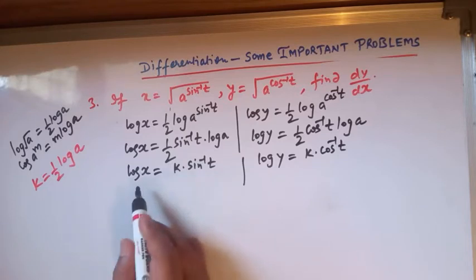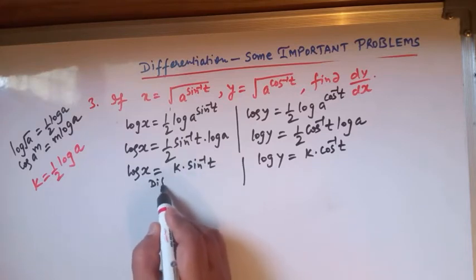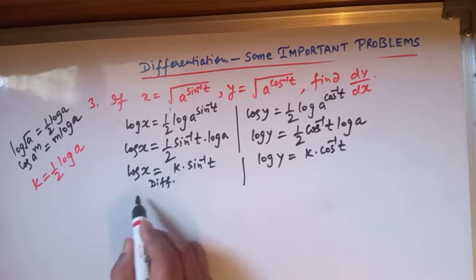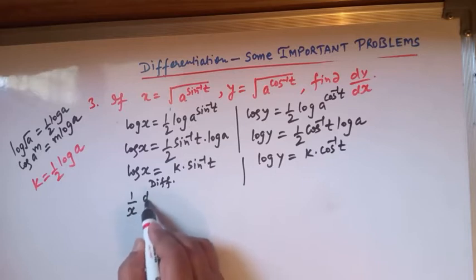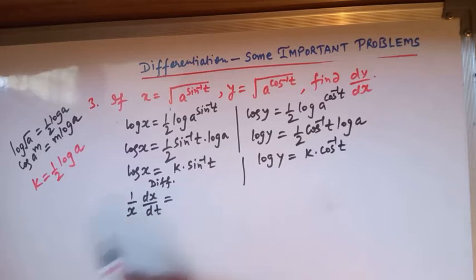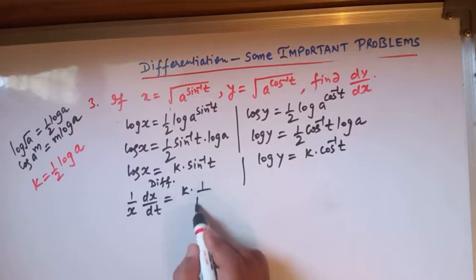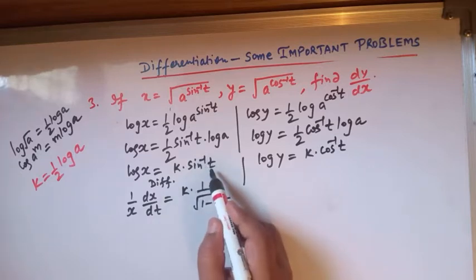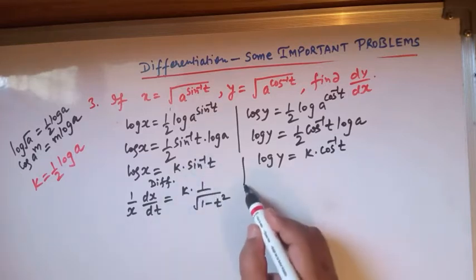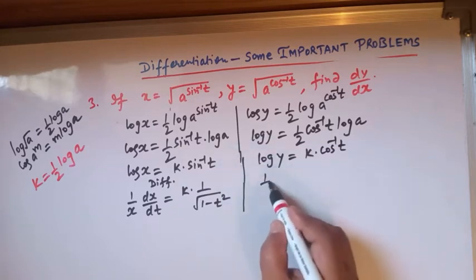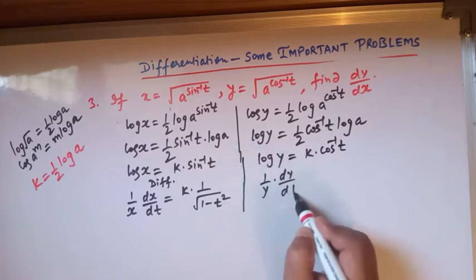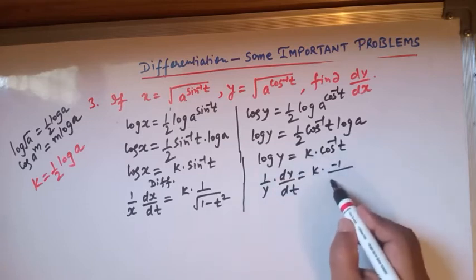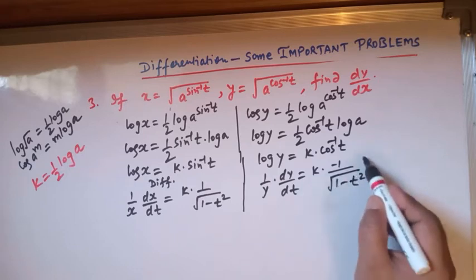Clear? Now we'll differentiate both sides with respect to t. So we have 1 over x and dx over dt is equal to k multiplied by 1 over square root of 1 minus t square, because the derivative of sine inverse x is 1 over square root of 1 minus x square. Similarly, here we have 1 over y and dy over dt is equal to k times minus 1 divided by square root of 1 minus t square.